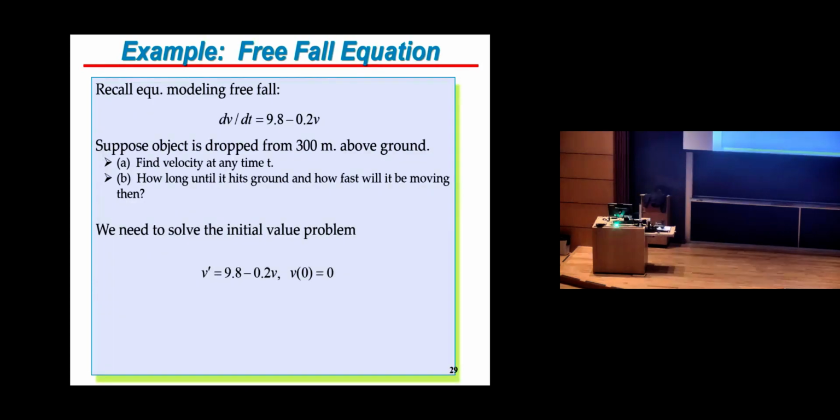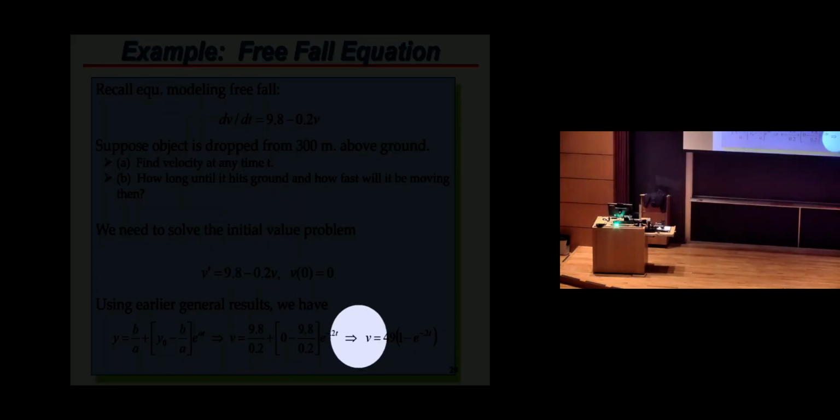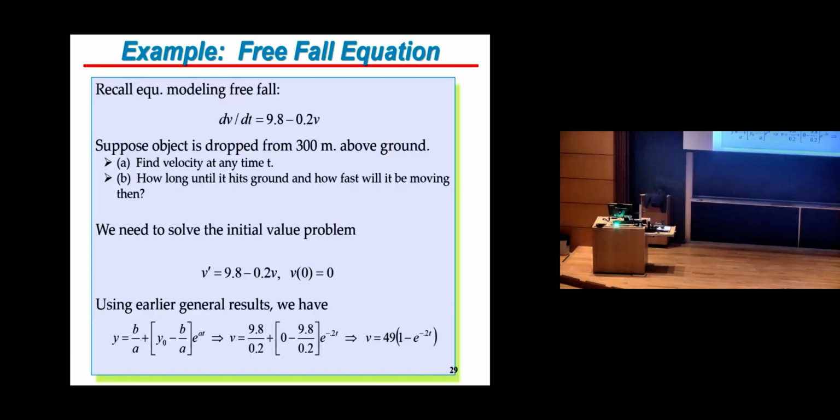So again, I'm not going to do this example. This is the falling ball. So I put some initial condition. If you drop it with 0 initial velocity and you want to find the velocity at all times, this is how the velocity looks. You did this in your dynamics class, or somebody can say, if I drop it from this height, can you tell me what is the velocity when it reaches the ground.